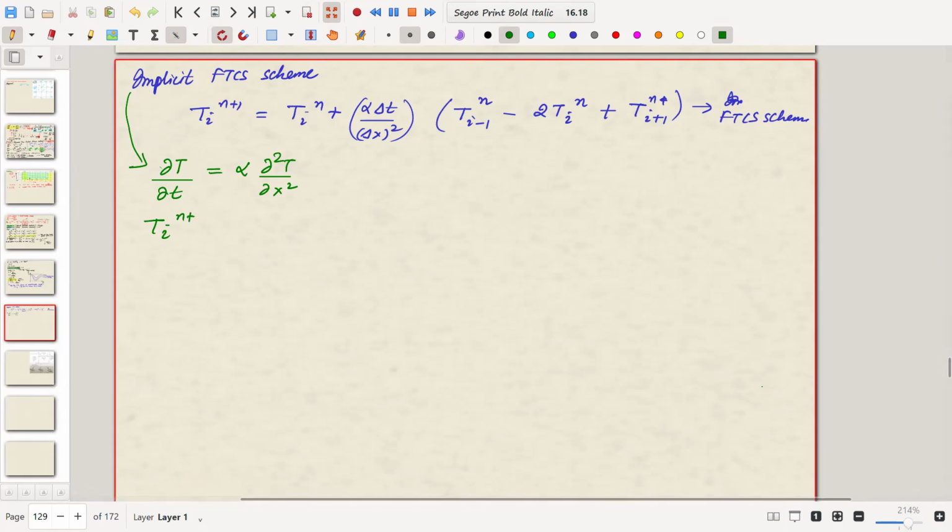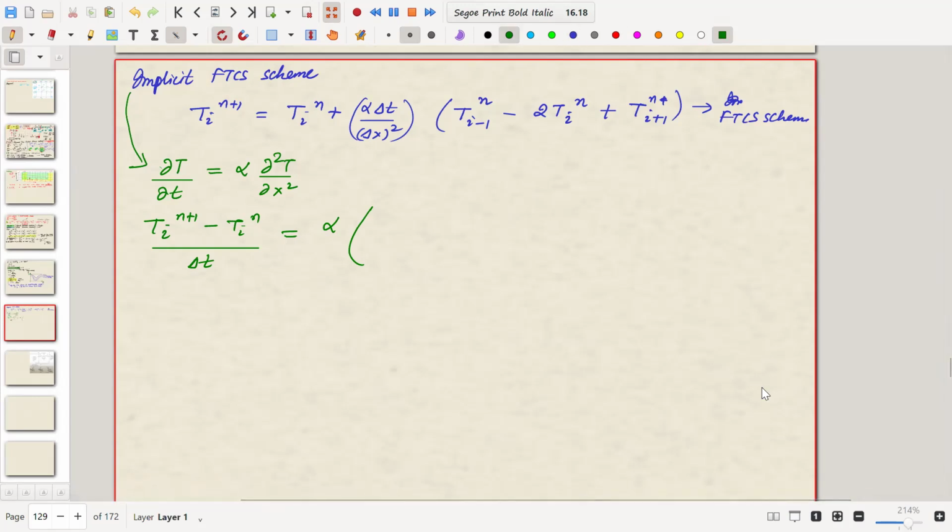Ti n plus 1 minus Tin divided by delta t equals alpha times, this part we will have to change. Can you look into your notes and tell me how we shall change it for the implicit method? Just check your notes.